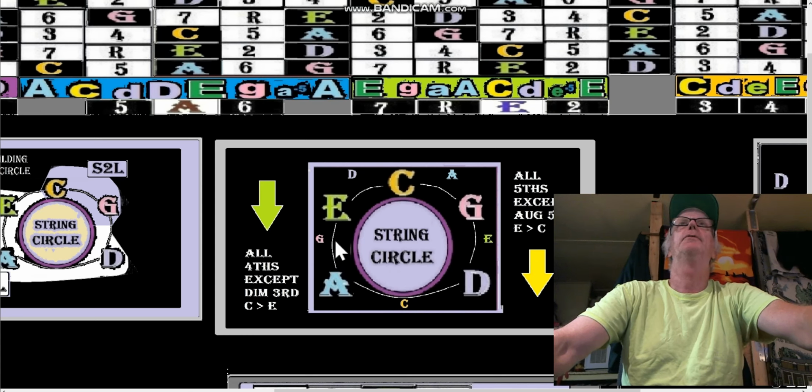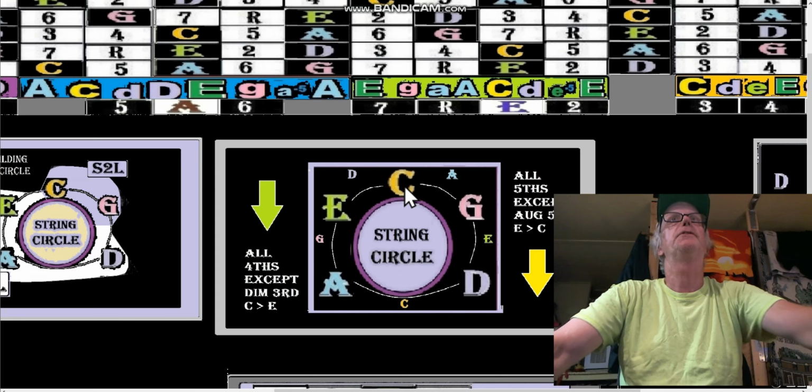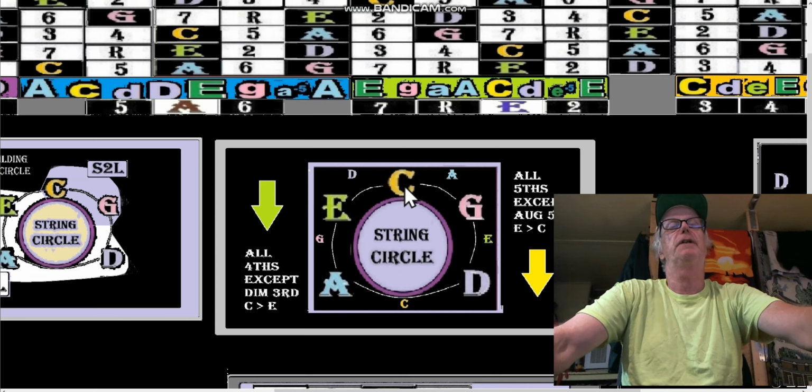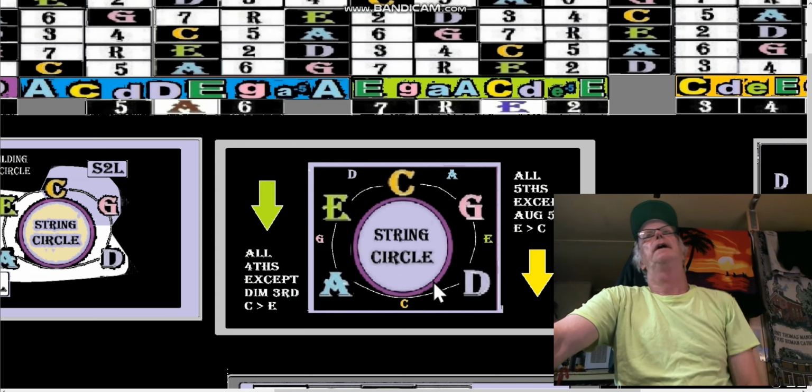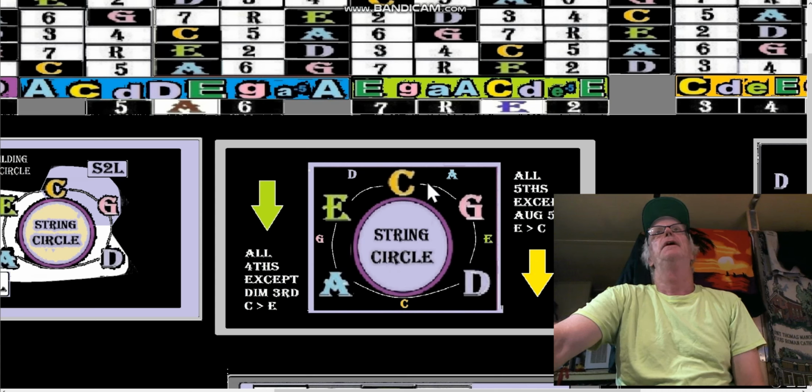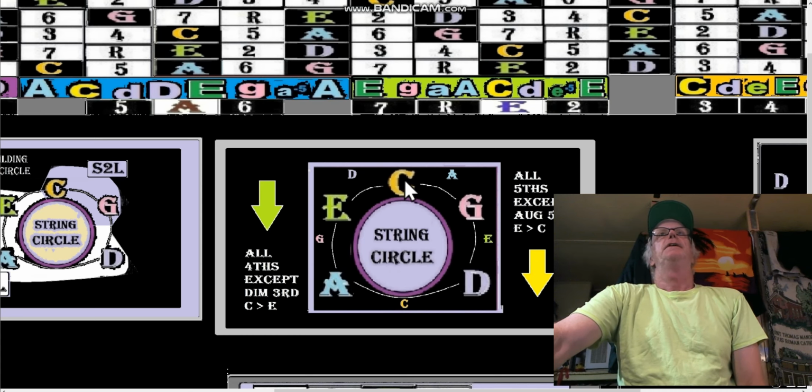Okay, going to the left, counterclockwise rather, it doesn't spell CAGED. It's an ascending pentatonic scale. C, D, E, G, A. So skip by every other letter there, an ascending pentatonic scale.